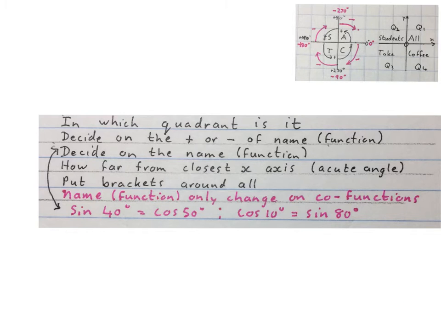The way we will do it is we will find out in which quadrant is it, decide on the plus or minus of that name of the function, decide on the name you're going to use, how far are you from the closest x-axis, that's the acute angle, and put all of this in brackets. And we very seldom change the name. We only change the name when you change one acute angle to his co-function acute angle. Wait till we get there.